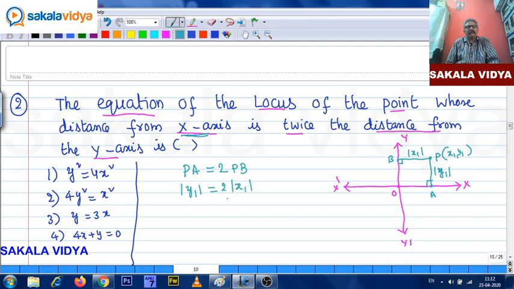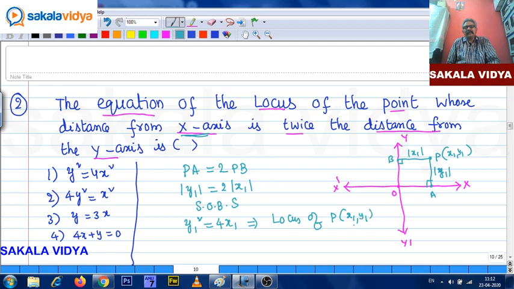If you square, you need not write the modulus, it will be ignored. Squaring on both sides, just like a square root, we get y1 square is equal to 4x1, but the locus of P(x1, y1) you need to write.